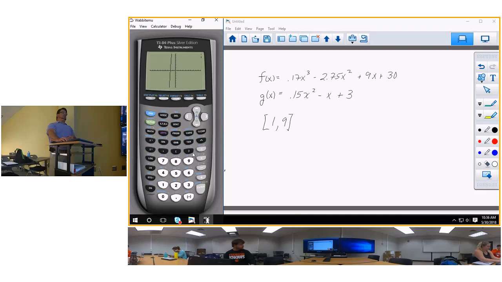And of course, it looks all funkified. And they're wanting from 1 to 9, so we're probably talking about this area right in here. Let me zoom out a little bit. Unless somebody's got a window configured to where I can just punch it in. I could do a zoom fit.